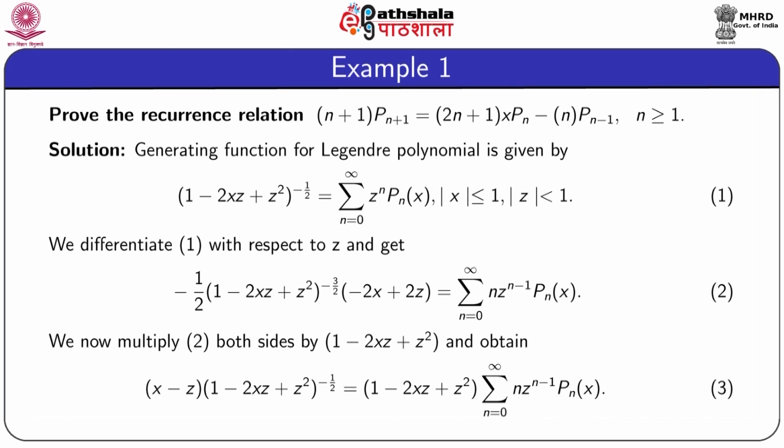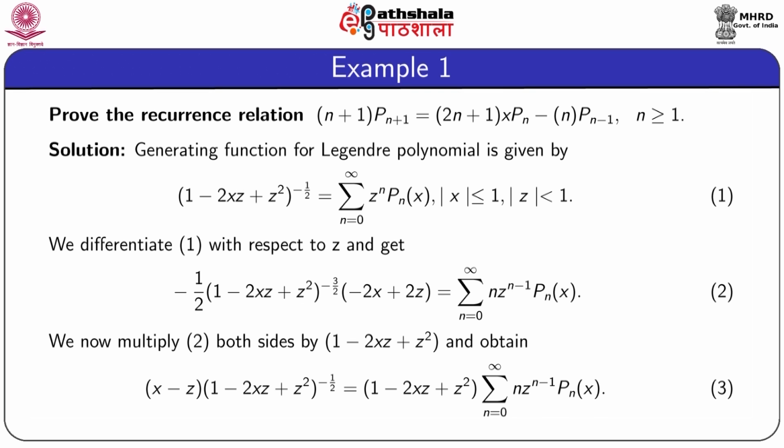Now, we differentiate this equation 1 with respect to z, and we will get minus half into (1 minus 2xz plus z squared) to the power minus 3 by 2 multiplied by (minus 2x plus 2z) is equal to summation n equal to 0 to infinity n z to the power n minus 1 P_n(x), which is given by equation number 2.